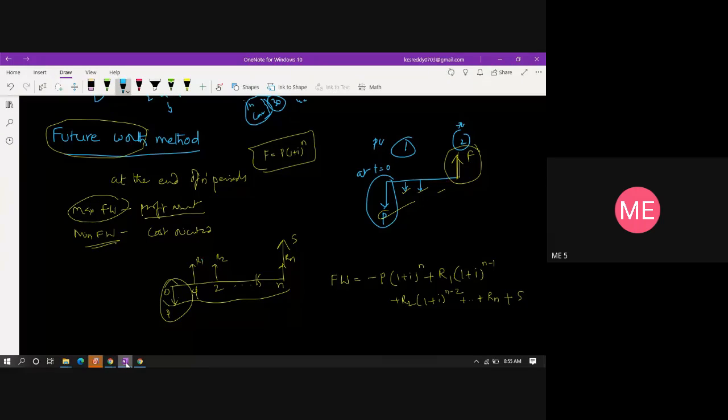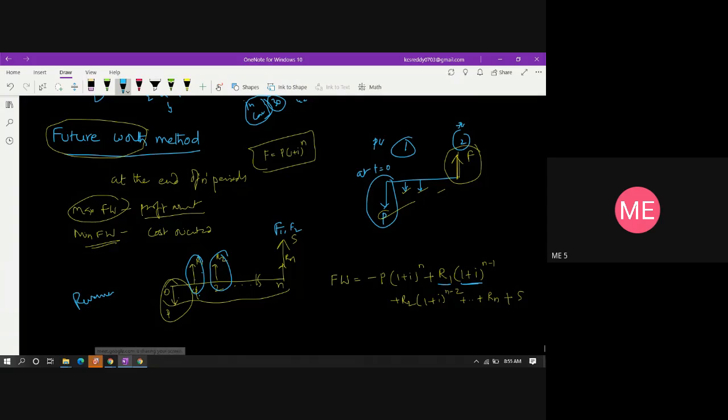For each cash flow, what is its future worth? Say F1, F2 and so on. Likewise we calculate the future worth of each cash flow, and then we find the future worth of that particular alternative if it is a revenue dominated cash flow diagram.